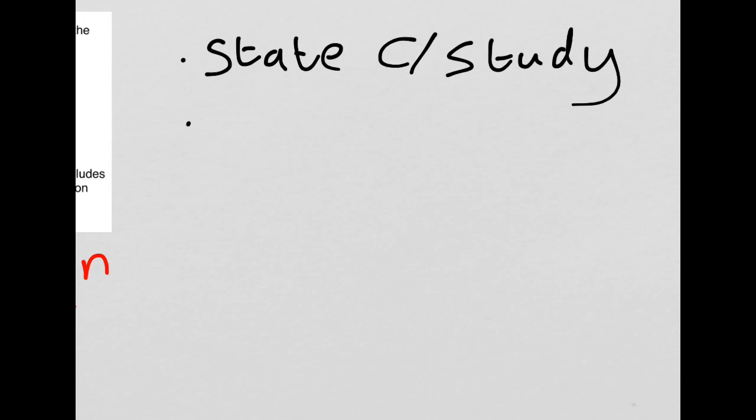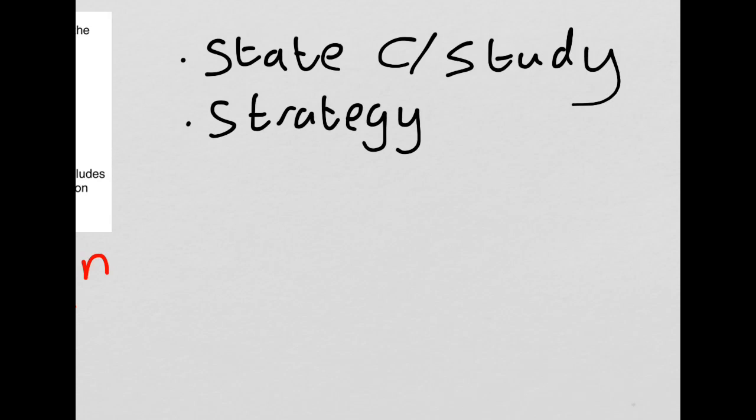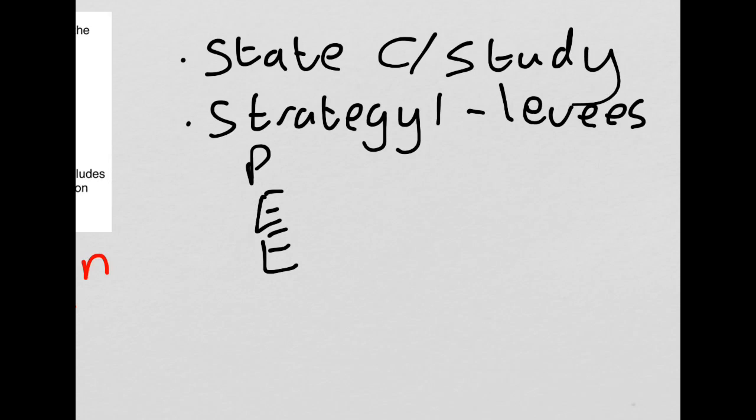I would then take a subtitle in my answer, and I would say strategy 1. The example strategy that I'm going to use is levees. So I would simply put in the point, explain, expand, answer straight from the GCSE ebook. I would say something like levees, the natural levees were raised.